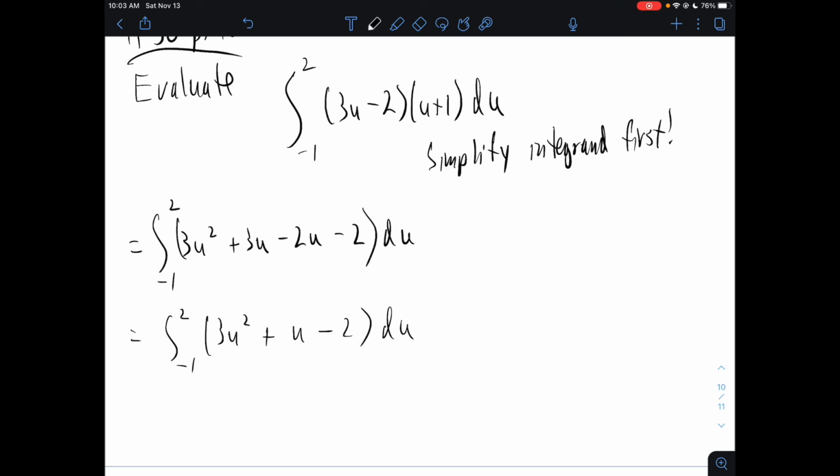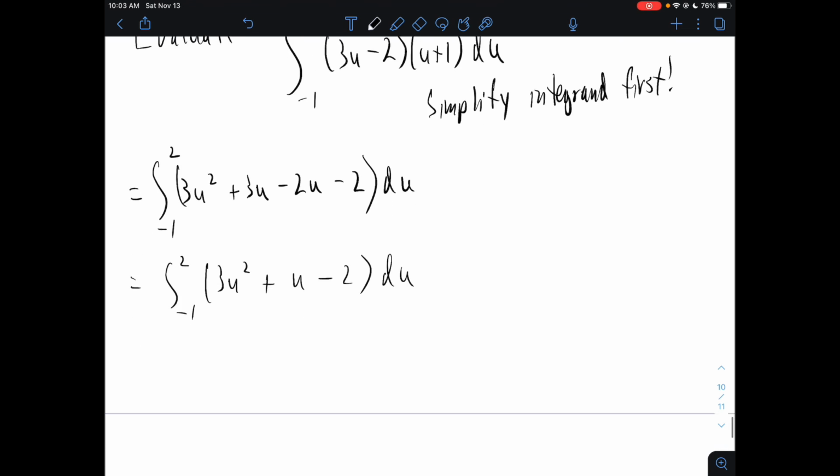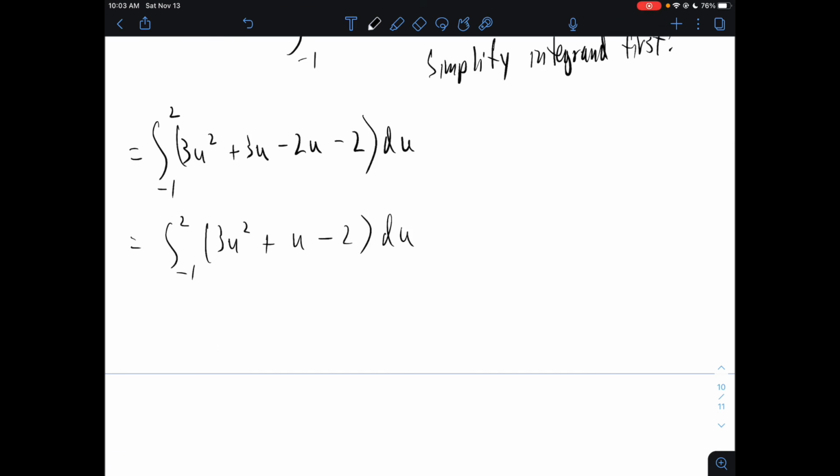And now let's use antiderivatives. The antiderivative of a constant, negative 2, is going to be negative 2 times your variable. It's not x. We've got u in this case, so it's negative 2u. The antiderivative of u would be raising u to the second power, but then I have to divide by that new power.